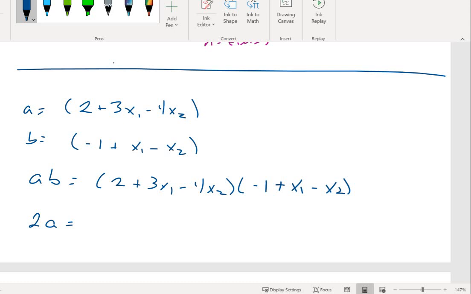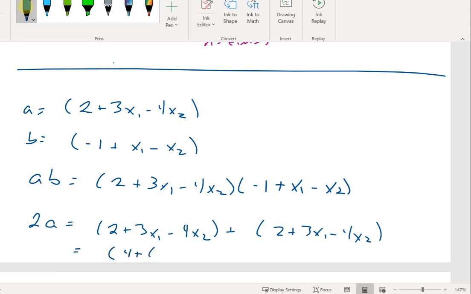Two A, now here, that actually matches up with, if we think about 2 as a polynomial.